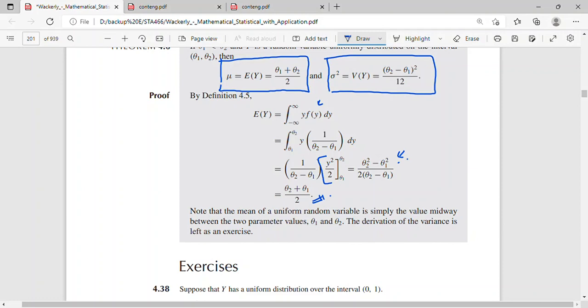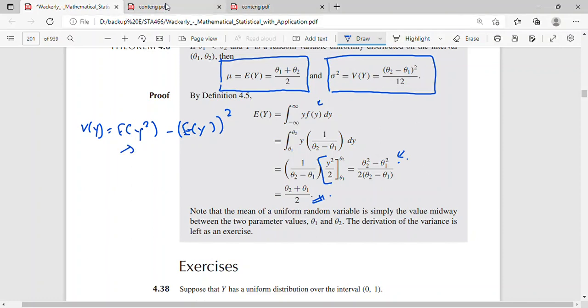Variance kan, nak cari variance, so kita kena guna formula lah sebenarnya kan. The variance of Y is expectation of Y square minus dengan mean square. Betul tak? So mean kita dah tahu dah ni, dah derive tadi. So sekarang ni in order to derive the variance of the uniform, kena cari dulu expectation of Y square.